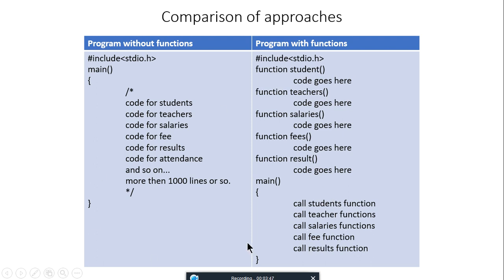By doing so, if you have an error in your teacher module, that you cannot insert a teacher because of some problem, the rest of your code is working fine, so you can show that to your school management and work according to that. So this approach is easier and must be utilized in order to perform large programs of 1,000 lines or more than 1,000 lines. To do this we have functions.